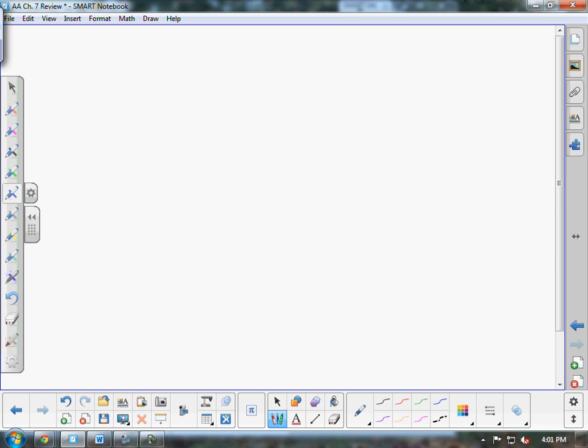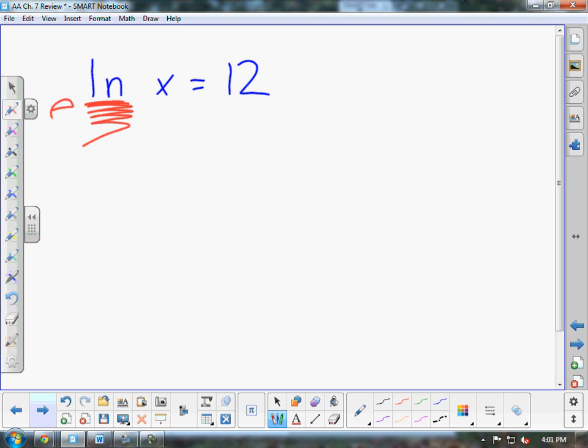And then finally, you'll have some logarithm equations, maybe like ln of x equals 12. And remember, to get rid of the ln, you have to put e as your base on both sides, because the inverse of ln is e. So then x will equal e to the 12th power. And then you have to use your calculator to come up with what e to the 12th is.